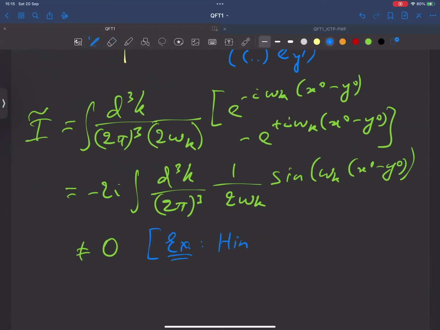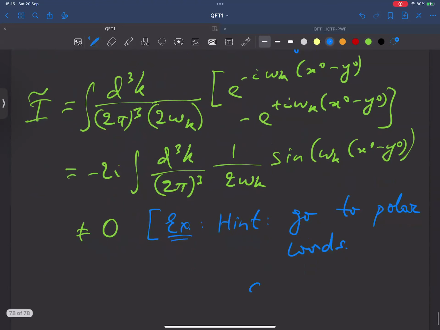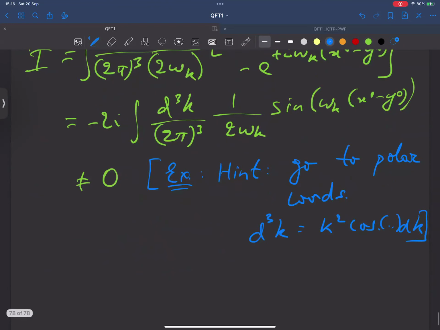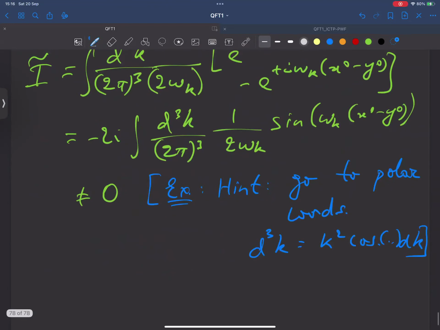One hint here will be to go to polar coordinates. If you go to polar coordinates, you can express this measure d³k as k² some cos factors and dk. With that, you can perform the integral and you will find that it's non-zero. Okay, so for time-like separated points, this thing is non-zero.